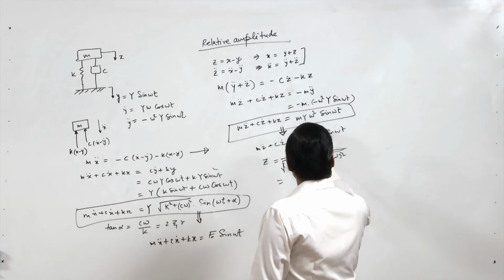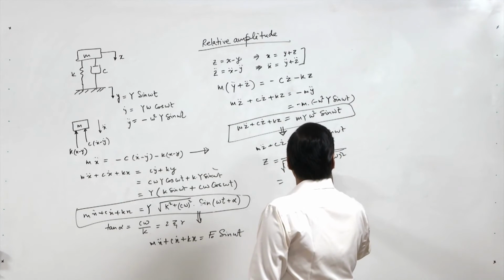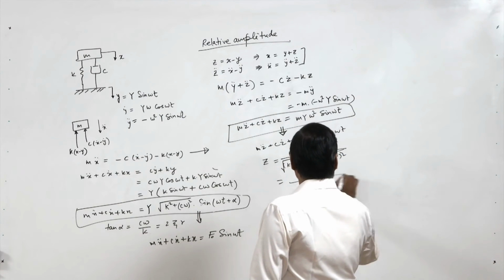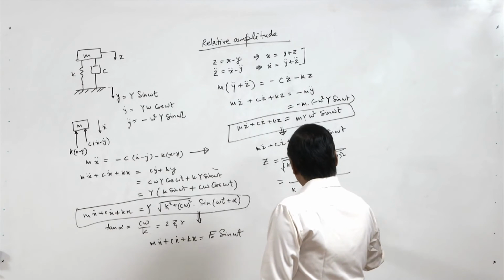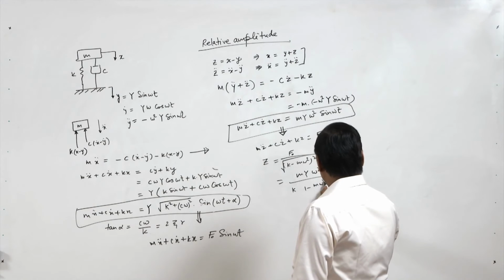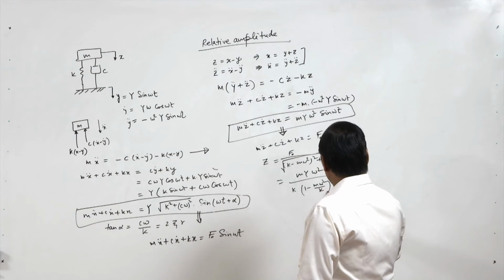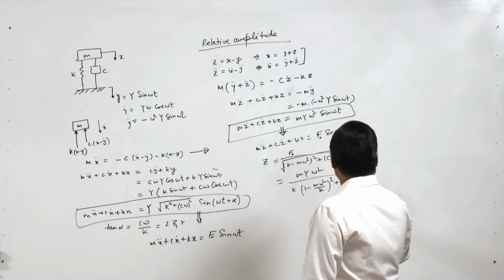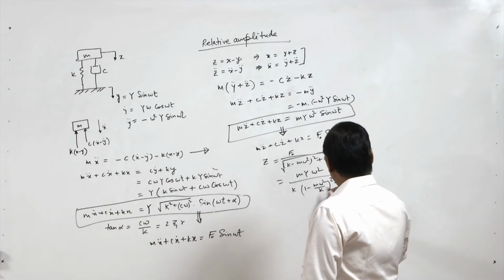So here f0 is m y into omega square, and here we take k outside, so we will have 1 minus m omega square by k whole square plus c omega by k whole square under root.